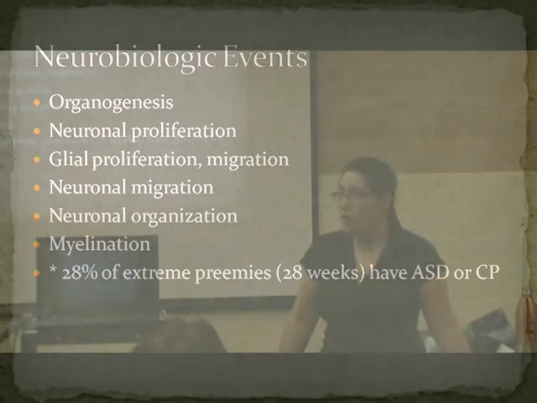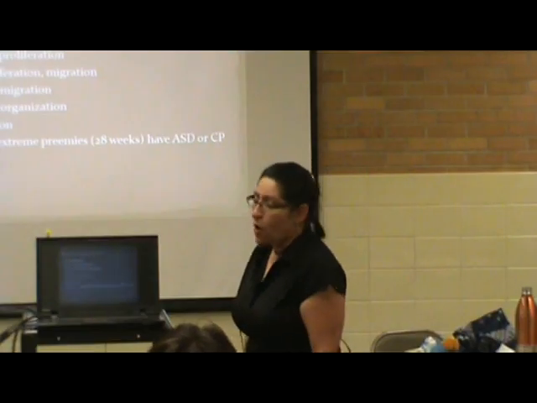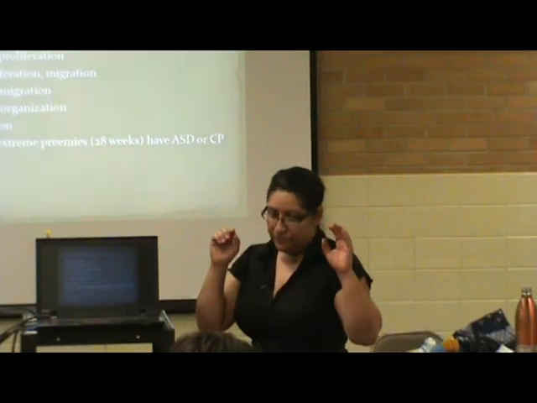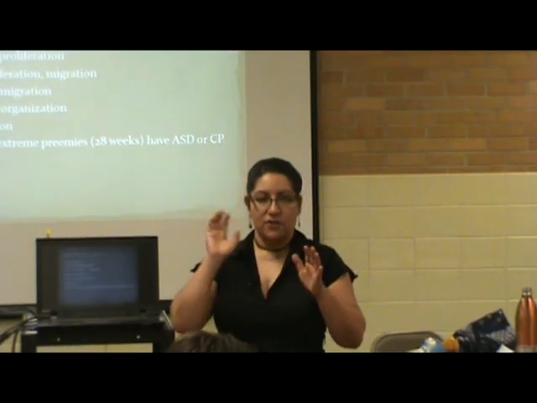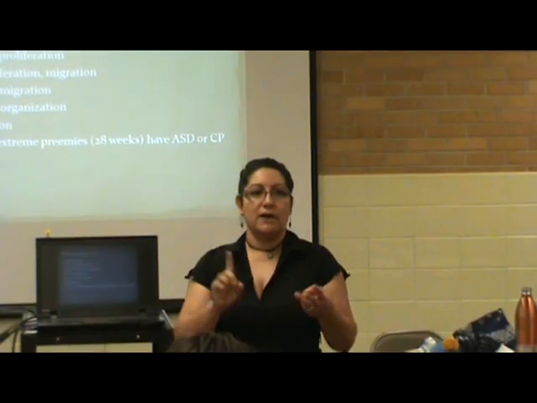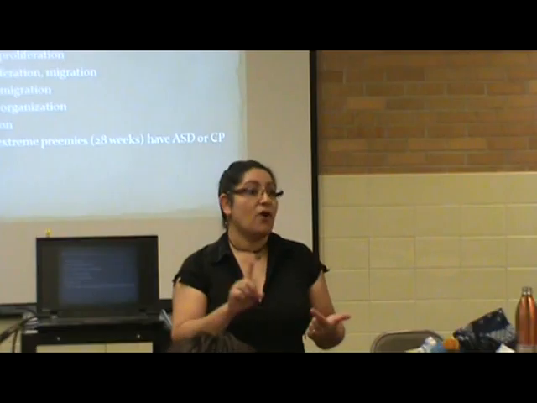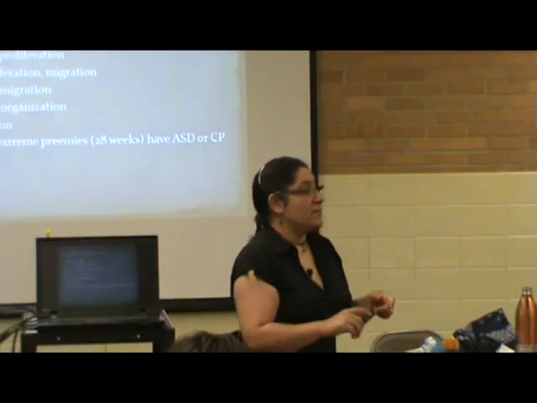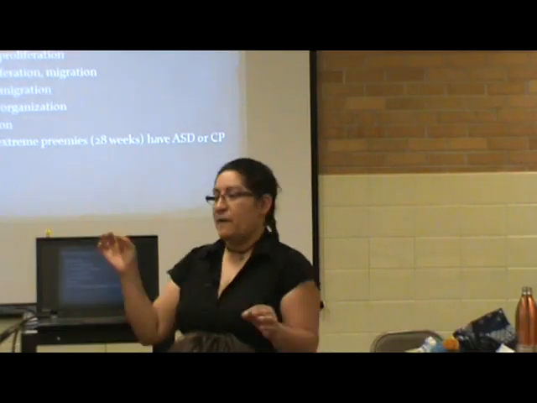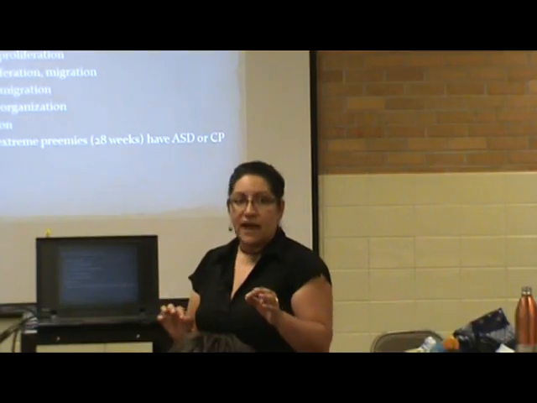Organogenesis. Okay, so big word, what does it mean? So, the point of conception, and then you have an ectoderm and an endoderm and a mesoderm, right? Those are all the little layers, and they're forming the organs, but they're also forming the neural tube. So they're forming those early pathways, and they all kind of decide where they're supposed to go.